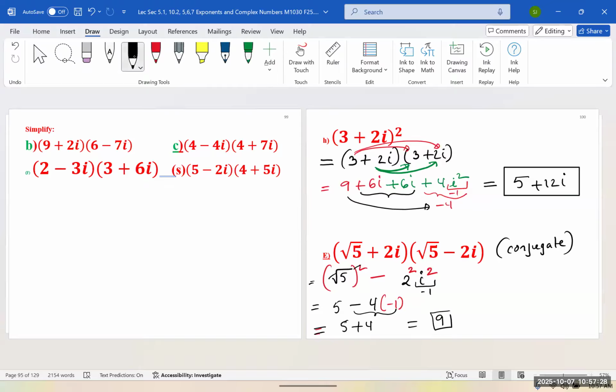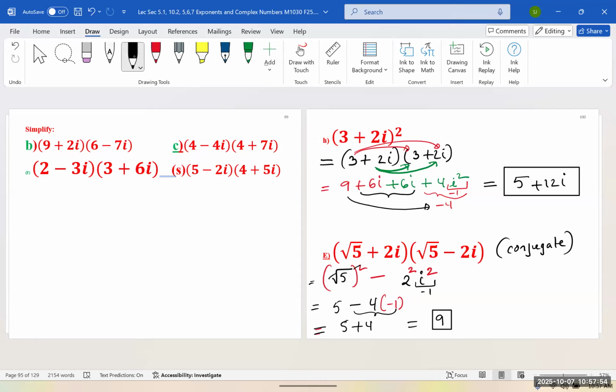So it's the real number 9. So in real life, anytime you multiply two imaginary numbers, they become real. Anytime you multiply two conjugate pairs, they become real. Okay? Any question?